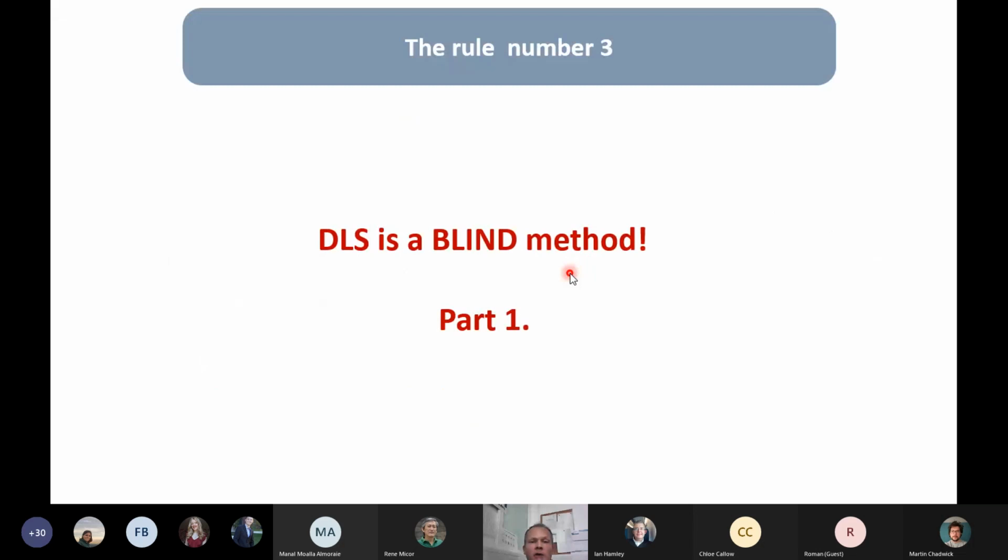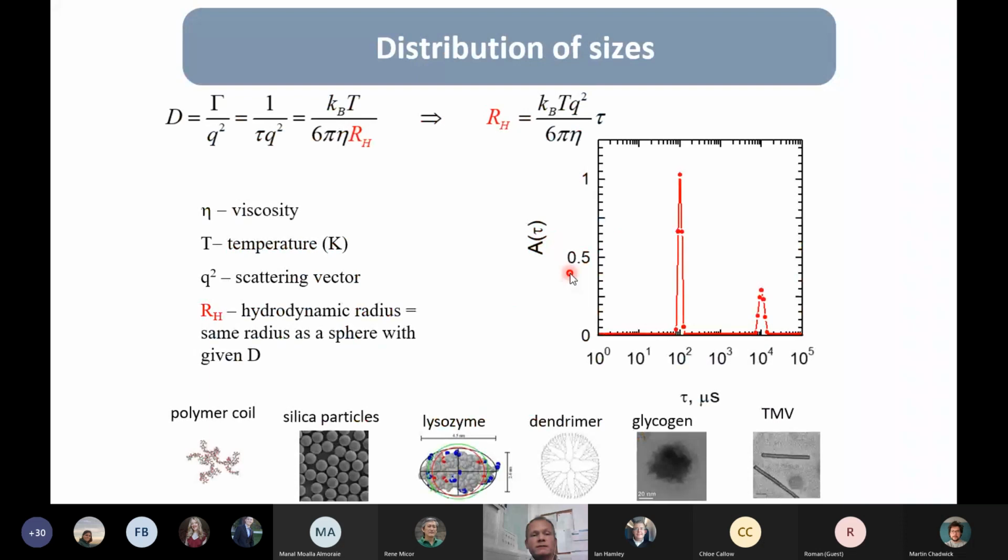So all three possible situations make life very complicated from the point of view of interpretation of dynamic light scattering. And rule number three that I would like to explain is that dynamic light scattering is a blind method, right? Why? It's because it gives you only the value of the diffusion coefficient.